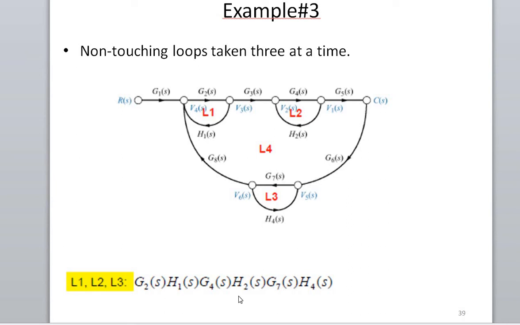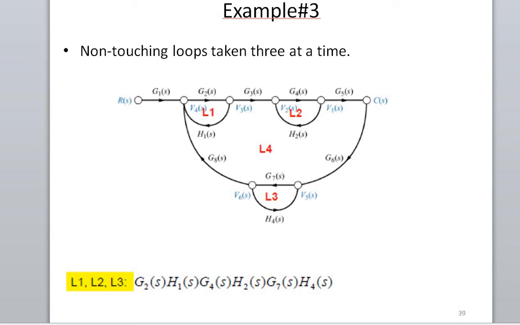Now after getting this, we can write the equation of delta, because if you check, there is no possible combination of 4 non-touching loops. There are only 4 loops, and this L4 is connected with all other loops.